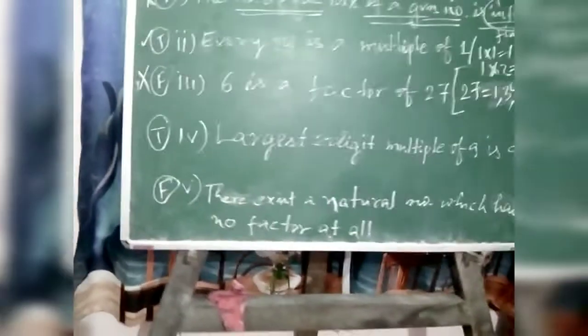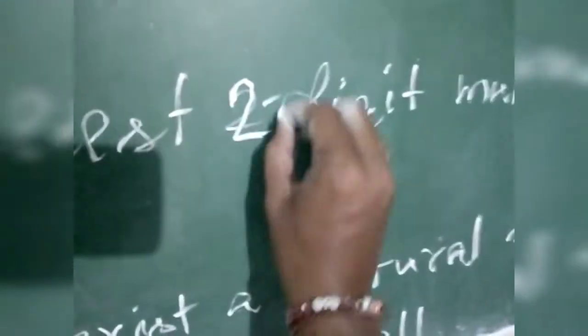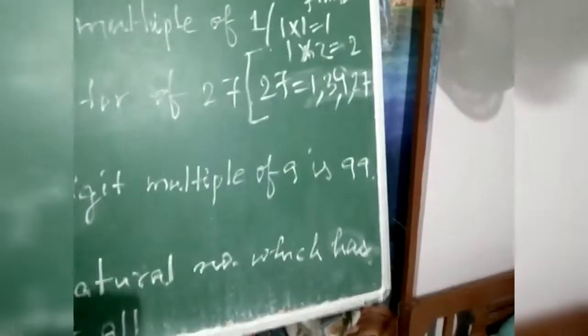Now the fourth one: the largest two-digit multiple of 9 is 99.